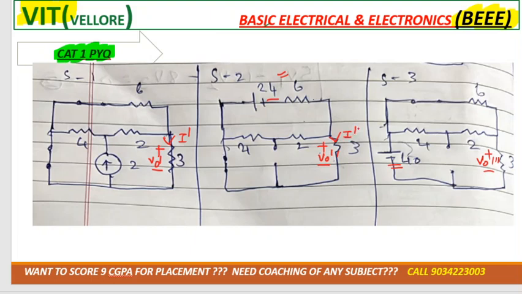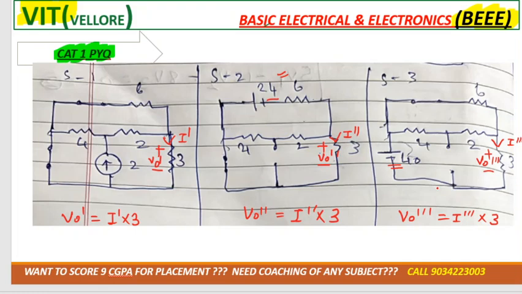Here you mark I double dash, and I triple dash. I dash, I double dash multiplied by 3 is I triple dash, right?